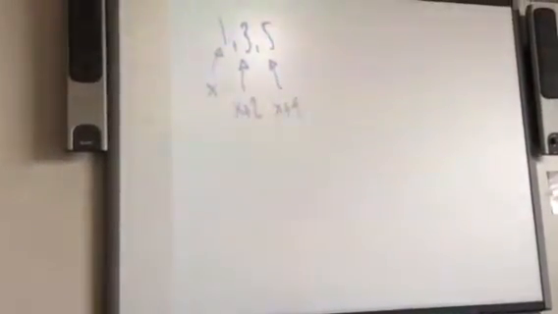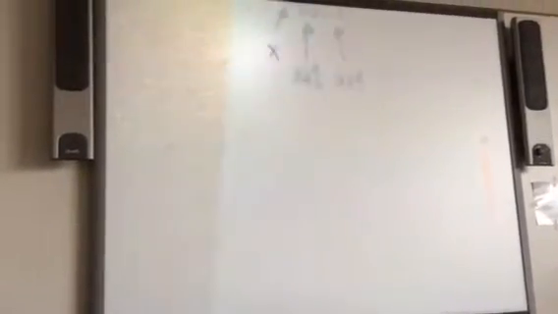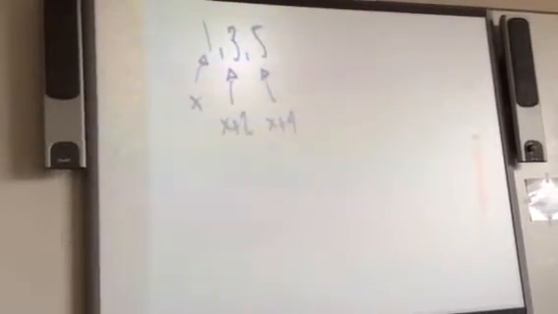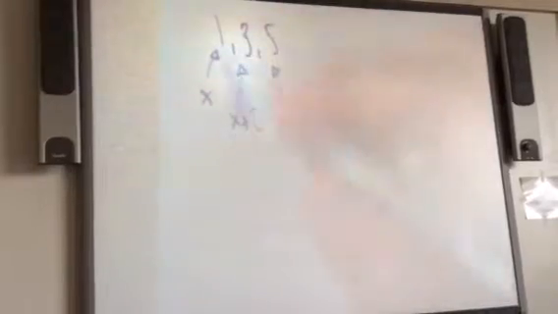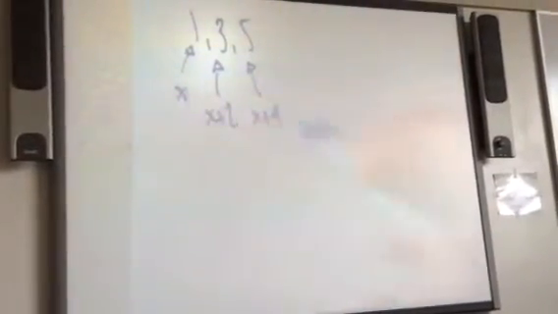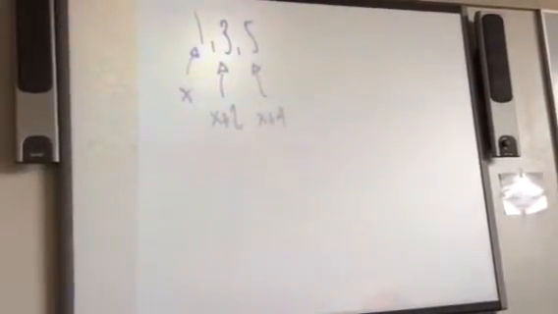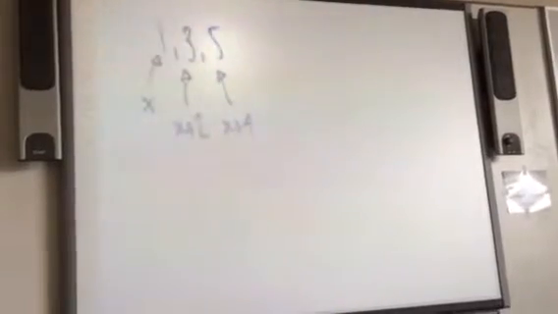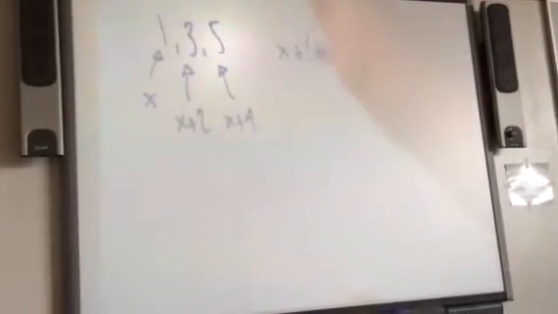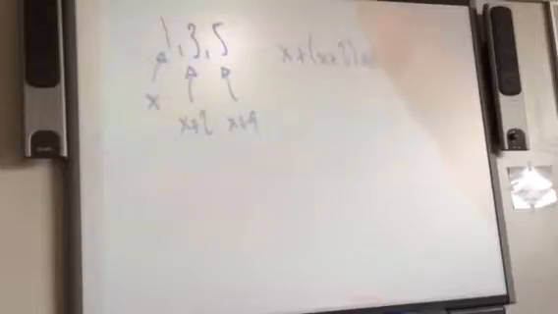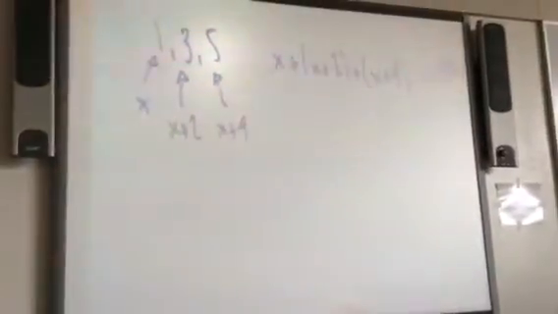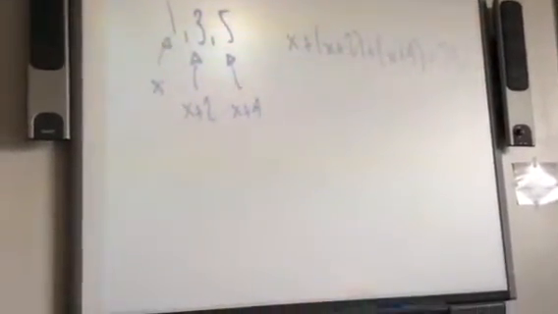It's 4 bigger. So this pattern will hold for any 3 consecutive odd integers. So we're going to add these 3 up, and they're going to add to 75. So we're going to do x plus x plus 2 plus x plus 4 equals positive 75.